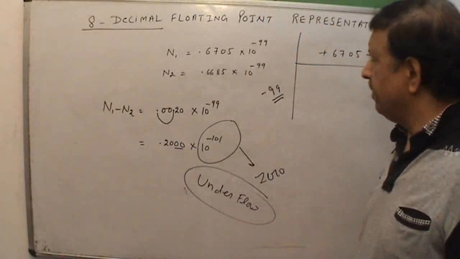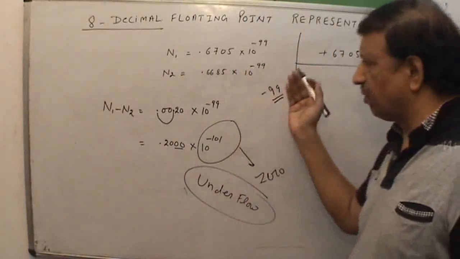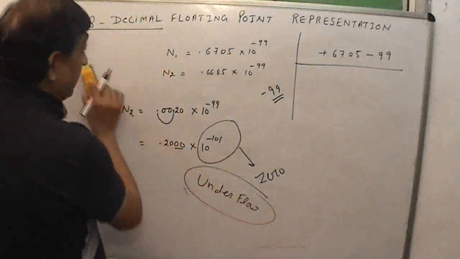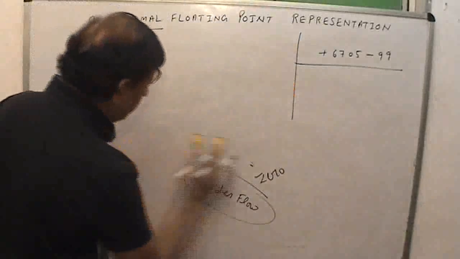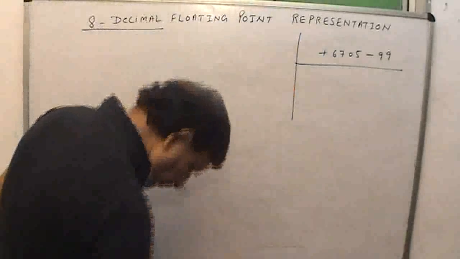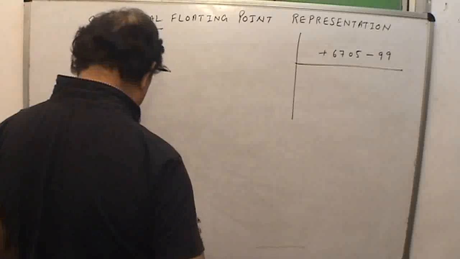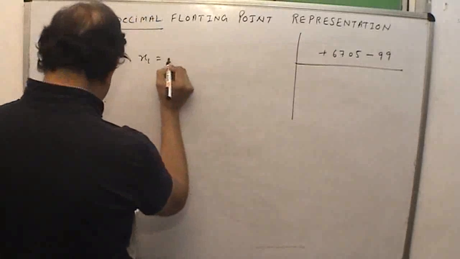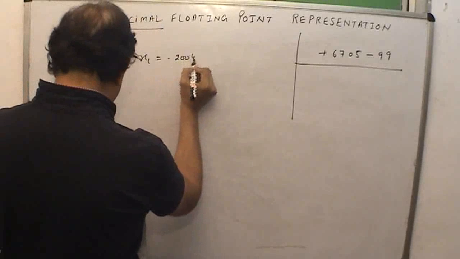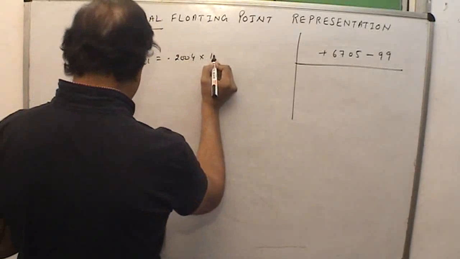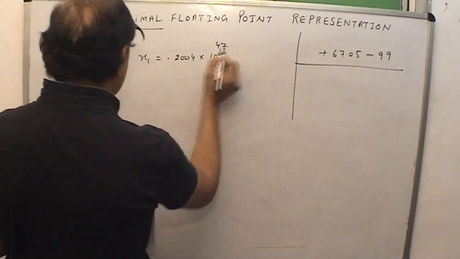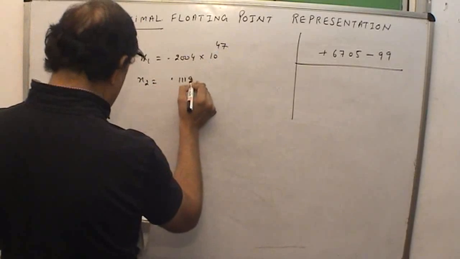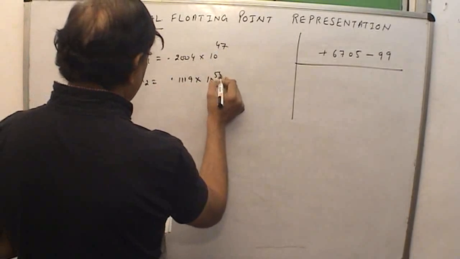Then what will happen if the exponent increases to more than 99? Let us see another example. Say x1 is equal to 0.2004 into 10 raised to the power 47, and x2 is equal to 0.119 into 10 raised to the power 55.